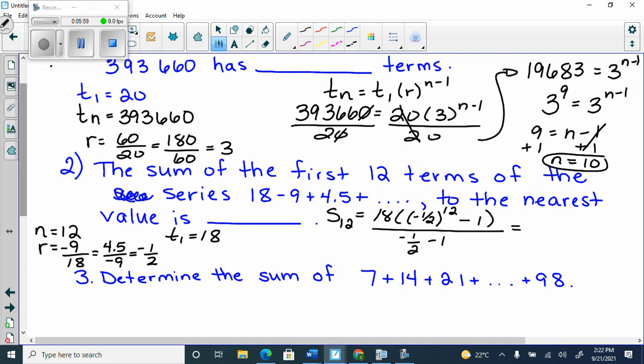So we're going to get -1/2 to the power of 12 minus 1, times 18, divided by -2. I get 11.99707, and so on.